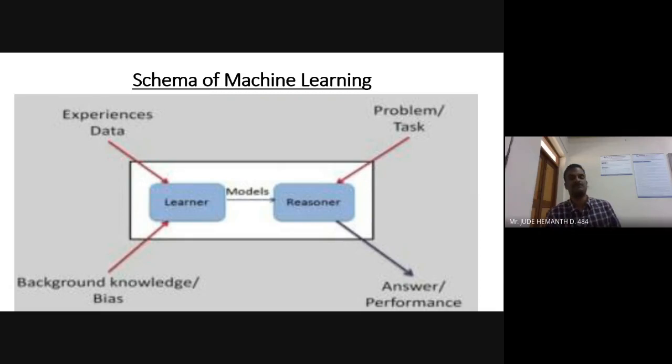Everything has to be specified in the background knowledge. With the help of these two things, the learner will learn. It is not going to take a decision. Remember, the learner will not take a decision. It is only learning, and finally it creates a model.